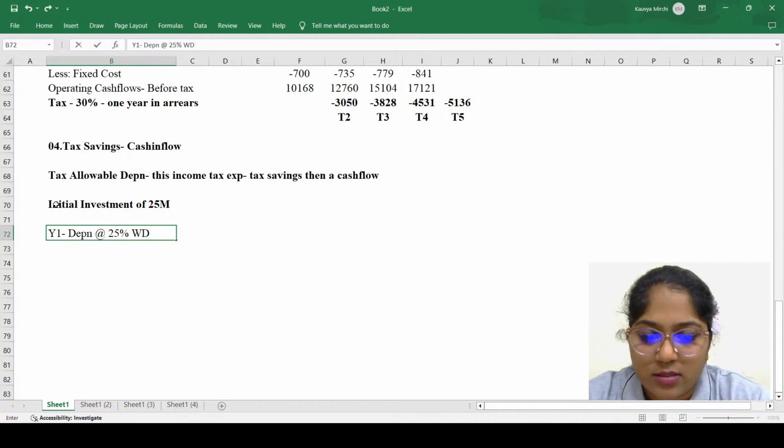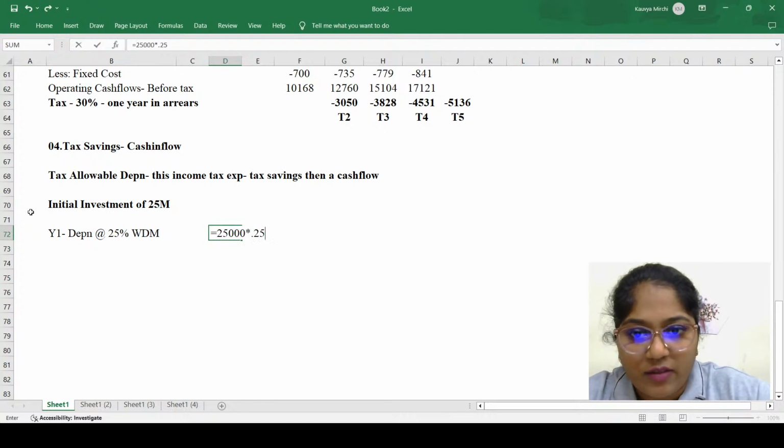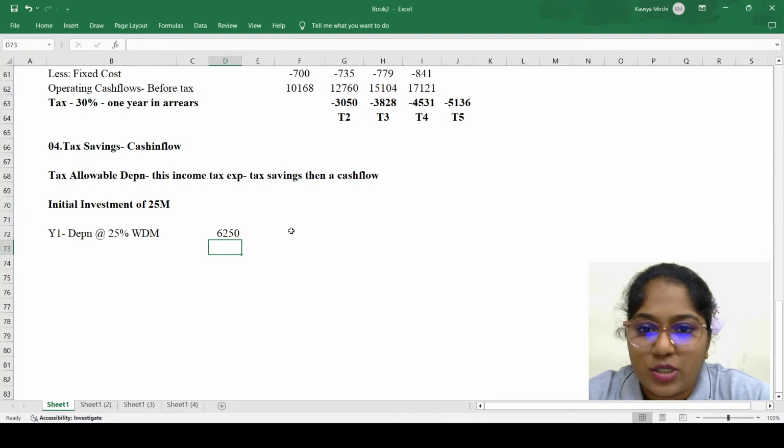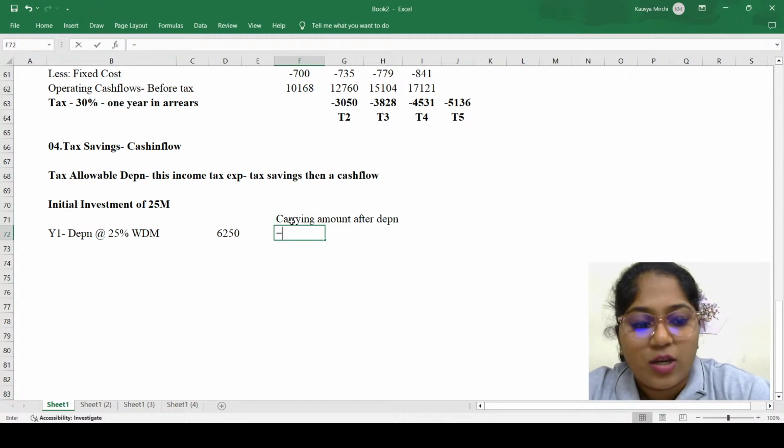So what do we consider writing down balance? I say 25 million multiplied with 25 percentage is my depreciation. So what is my carrying amount after depreciation, people? Carrying amount after depreciation would be 25 million minus this value.